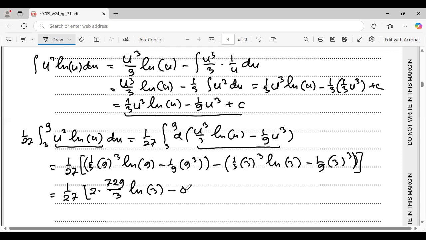Minus this is 81, because 9 cubed divided by 9, and then minus this is 27, ln 3 minus 3, because this is divided by 9.